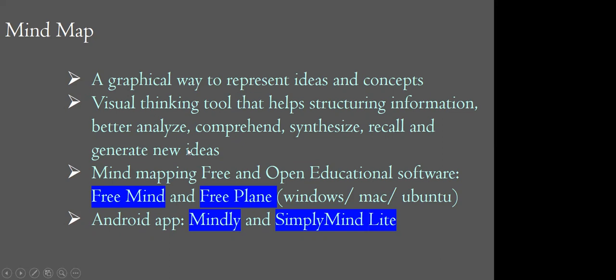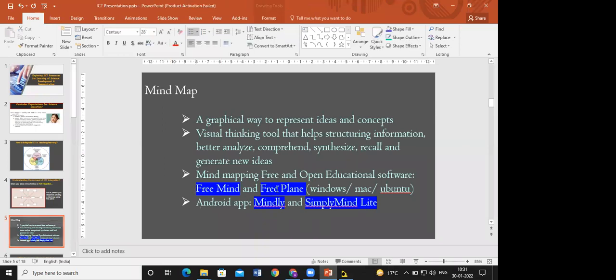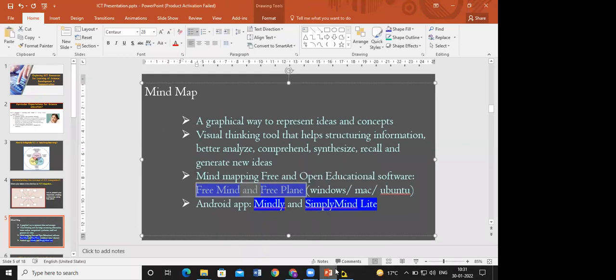So what are the different mind mapping softwares? There are two mind mapping softwares, that is FreeMind and FreePlane. So please note it down. I'm writing the two mind mapping softwares: FreeMind and FreePlane.